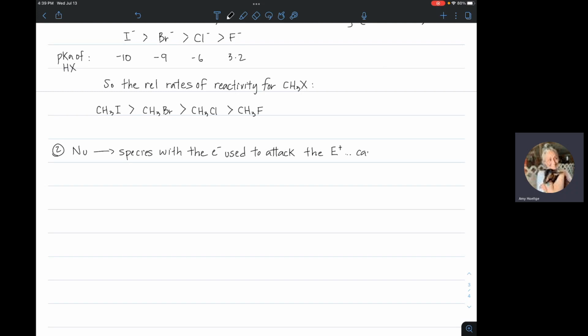So these can be neutral molecules that just happen to have a lone pair of electrons, like water or ammonia or something. This can be a neutral molecule or a negatively charged species.